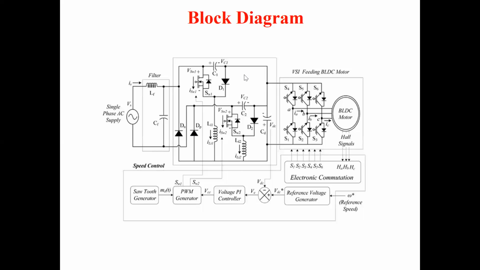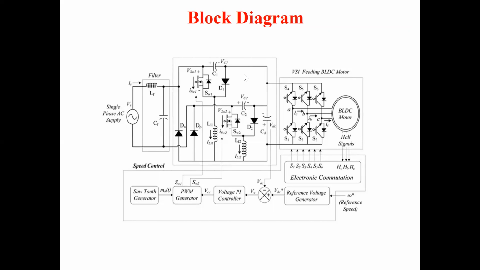Here we use a bridgeless converter model. The left hand side is our single phase supply input, which is directly converted into DC through the canonical switching cell converter, and that is fed to the VSI-fed BLDC motor. Based on the outcome, closed loop control is done in the motor using electronic commutation with respect to the positioning of the Hall effect sensors, and the speed of the motor.